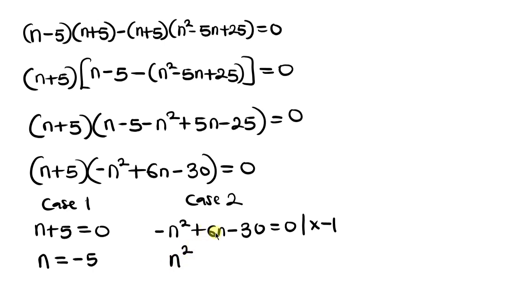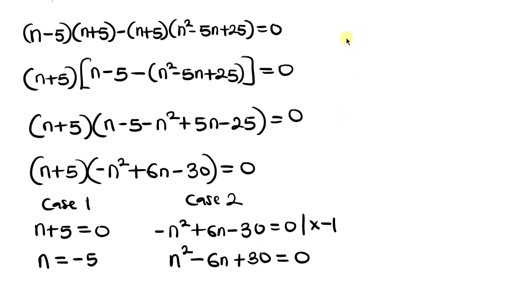Negative 1 times 6n gives minus 6n. Then negative 1 times negative 30 gives positive 30. And this is equal to negative 1 times 0, which still remains 0. So we have a quadratic expression here that we're going to be solving using the quadratic formula.